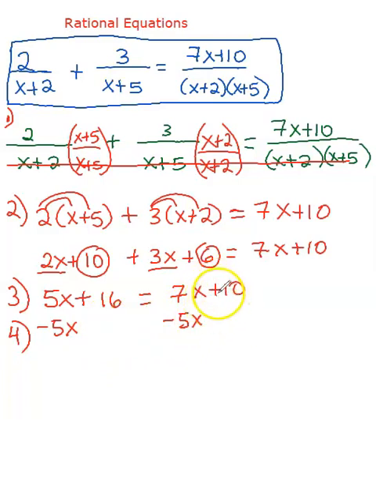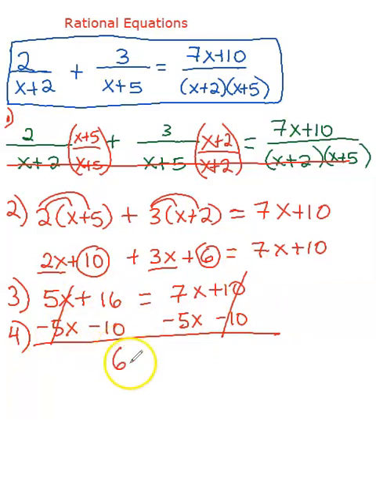Since it's an addition here, I need to subtract it so it can cancel out. So this will cancel out here, and this will cancel out here, leaving me 16 minus 10 is 6, equals 7x minus 5x, which is 2x. Okay, so that's it for step number 4.